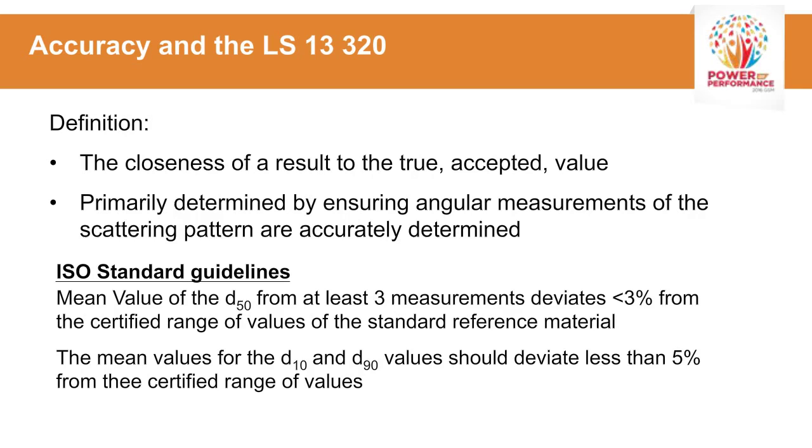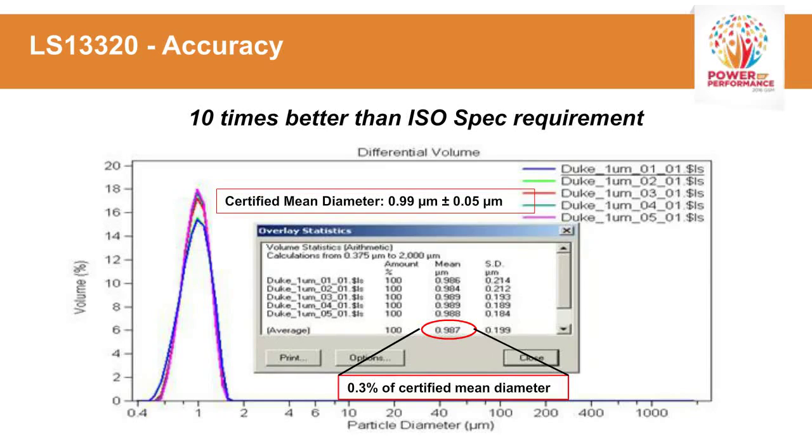Some results displayed here are for a Duke standard, about 1 micron, shown as an example. This has a 0.3% deviation, so it's 10 times better than what's required by the ISO standard.